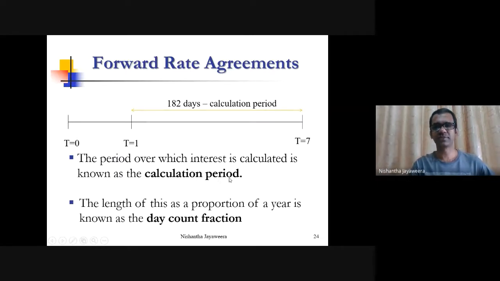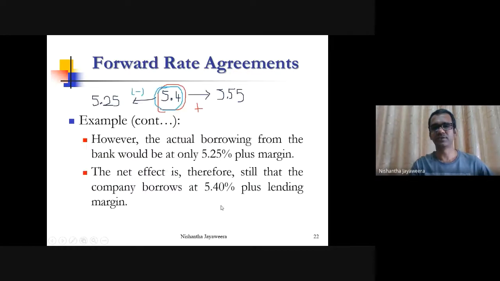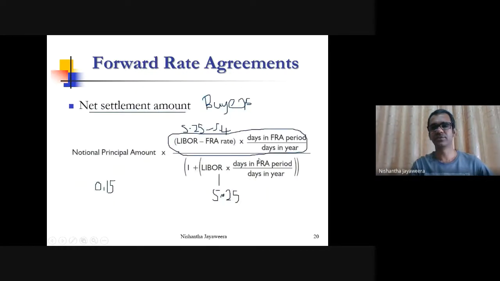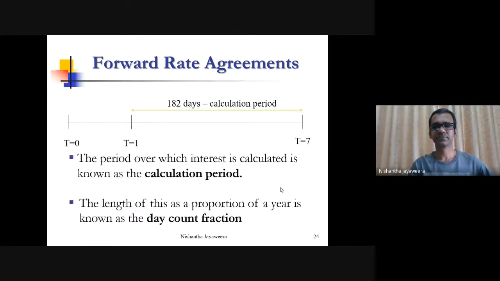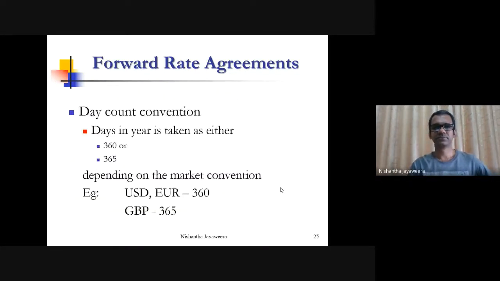And that calculation period divided by the number of days per year, we call the day count fraction. So in this equation, this part is the day count fraction. Days in the FRA period is the calculation period. So this is the answer to your question.